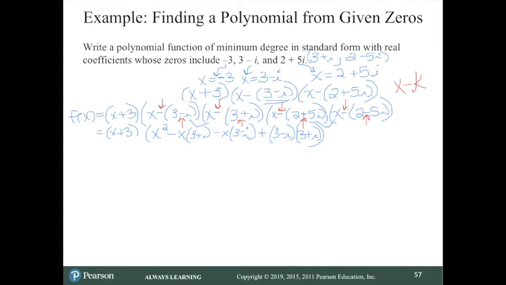We'll do the same thing for our second pair of conjugates. That's x squared minus x times 2 minus 5i, minus x times 2 plus 5i, plus negative 2 plus 5i times 2 minus 5i. Let me make that look like a 5.